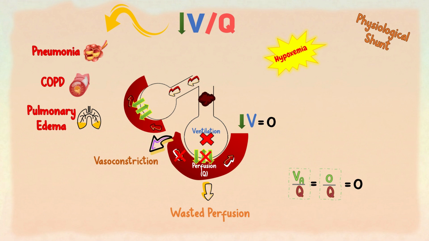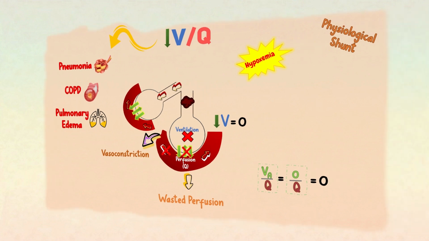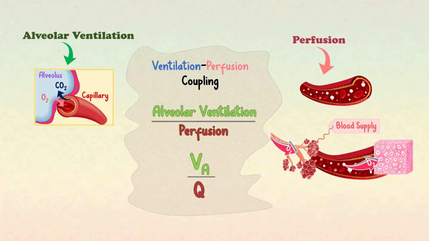So, that was about ventilation-perfusion ratio and ventilation-perfusion mismatch. For a quick recap, V by Q is known as ventilation-perfusion ratio. V refers to the ventilation, which is the airflow through the alveoli, while Q refers to the blood flow through the alveolar capillaries, also known as perfusion.